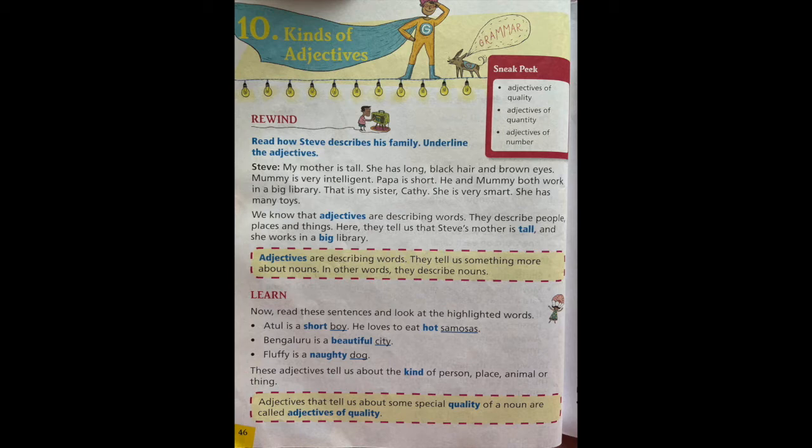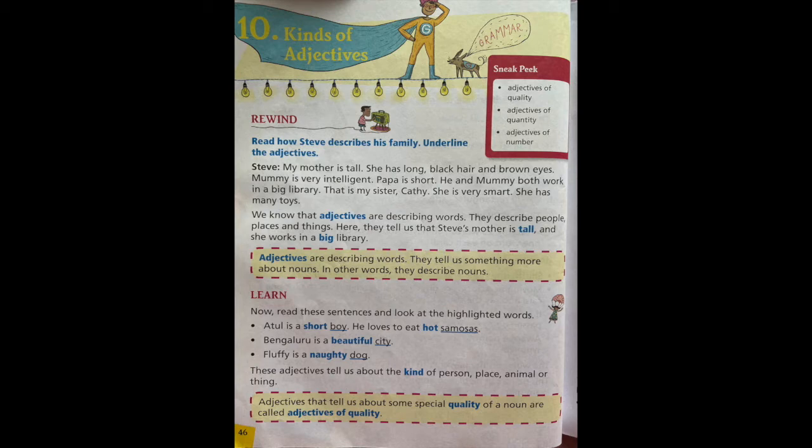Papa is short. So mummy is very intelligent. Again, intelligent is the describing word. Papa is short. So underline short. He and mummy both work in a big library. What kind of library? Big. Library is described as big.